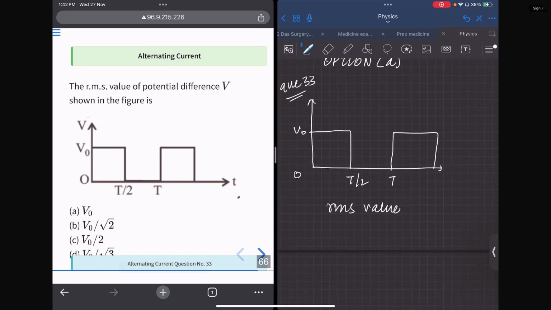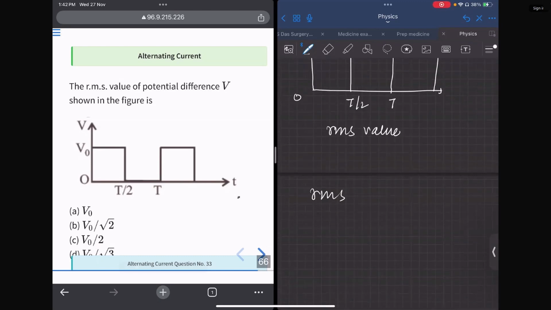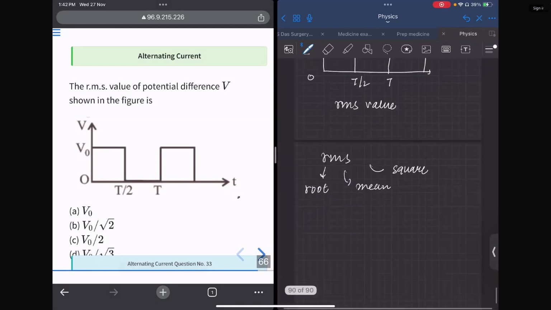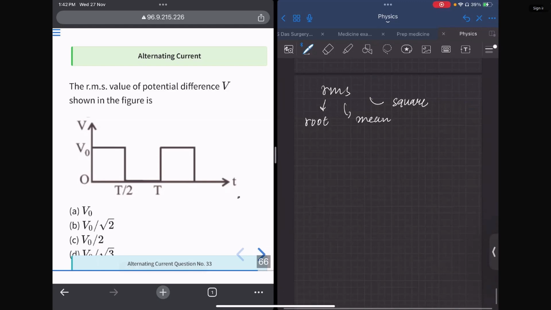Do you know the full form of RMS? RMS actually means root, mean, and square. So to find the RMS of any particular quantity, we need to square it, then we have to take the mean, and then we have to find the root, one under root. In this case, we have to find the RMS value of potential difference.